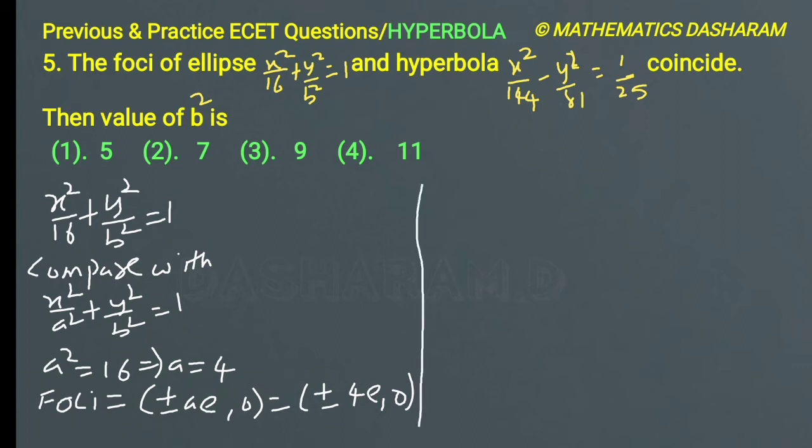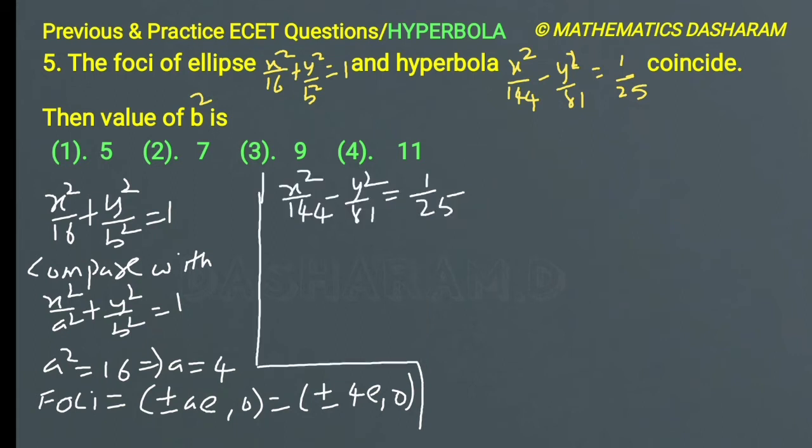Next one, the hyperbola x square divided by 144 minus y square divided by 81 equals 1 by 25. To convert into the standard form, we need to write the RHS as only one, but it is given 1 by 25. That is why 25x square by 144 minus 25y square divided by 81 equals 1.